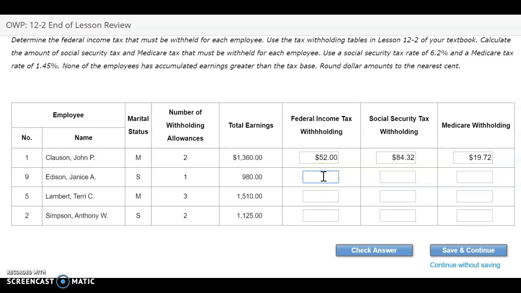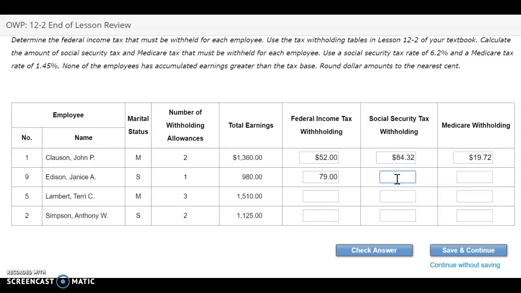Now I'm going to look at Janice Edison, and she is single, so I need to make sure I find the right chart. Her total earnings are $980, so that's in the at least $980 column, and it's one allowance, so I'm going to move over to the one intersect, and that's going to be $79 for federal income tax withholding. Then I need to calculate her Social Security.